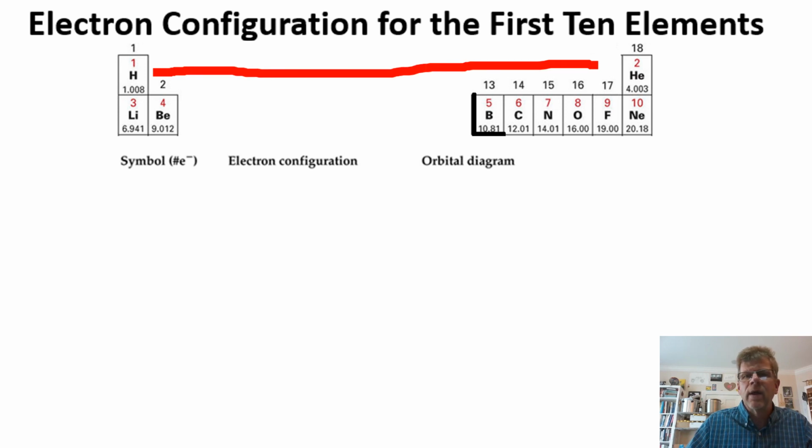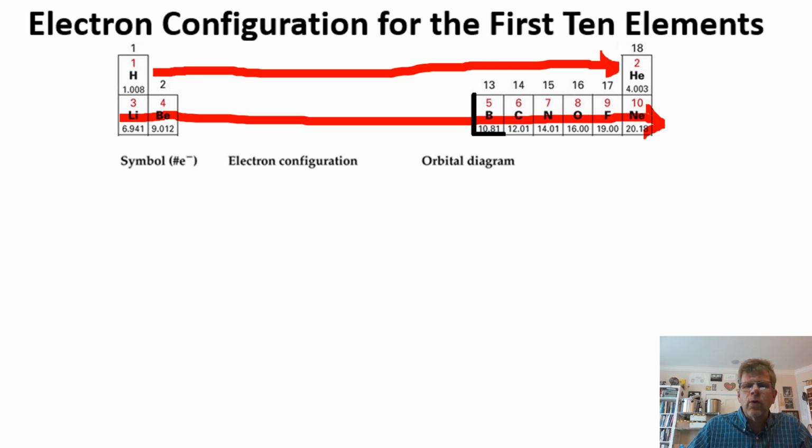1, 2, then 3, 4, 5, 6, 7, 8, 9, 10. Notice that atomic number corresponds to the number of protons in each of those atoms' nucleus. I want to expand that.